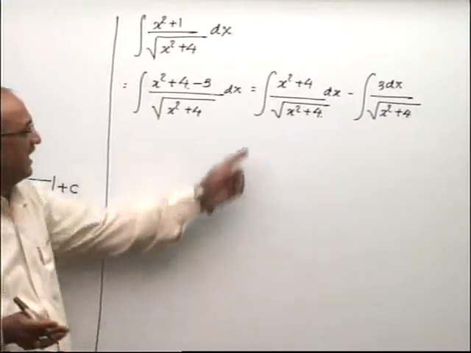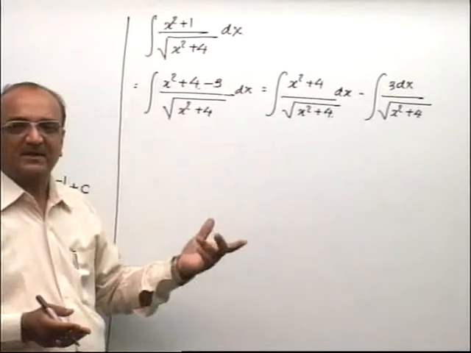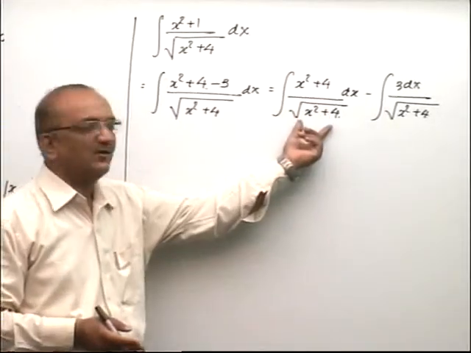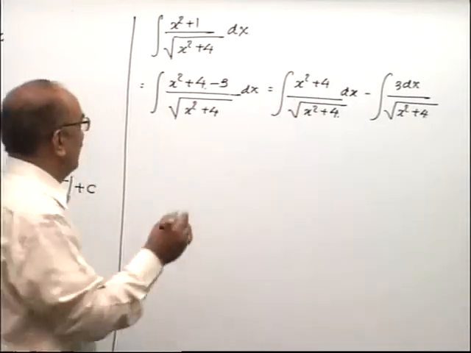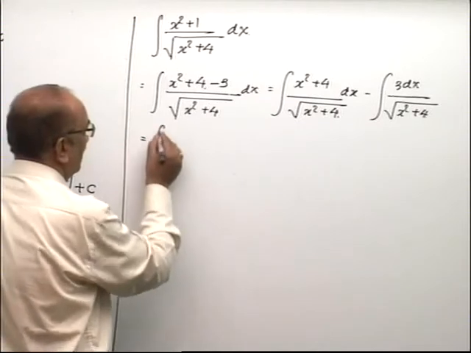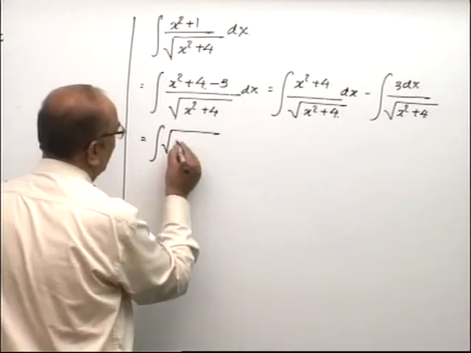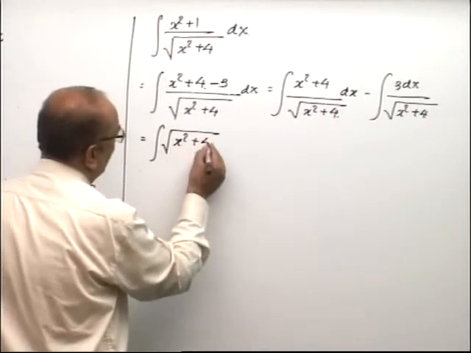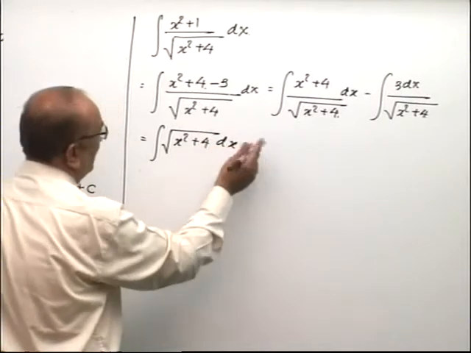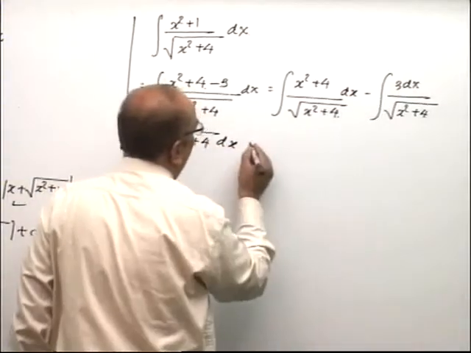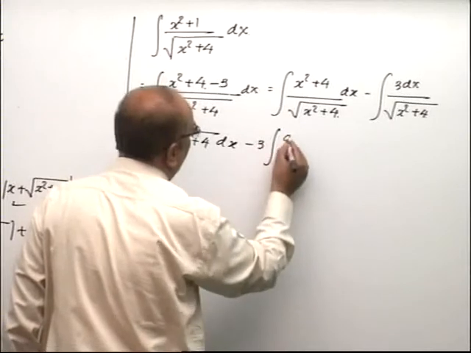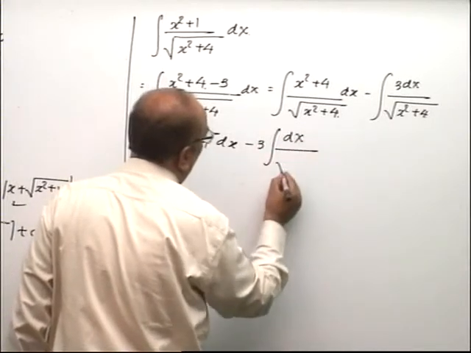Same steps, x upon root x is x. Now we can say that (x square plus 4) upon root of (x square plus 4) is root of (x square plus 4). Next step is what? Root of (x square plus 4) dx. Minus 3 is common, a constant term, integration dx upon root of (x square plus 4).